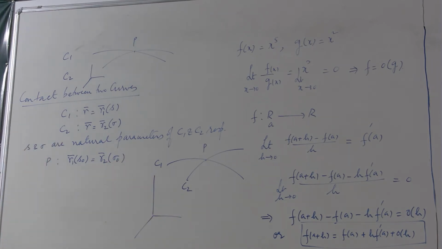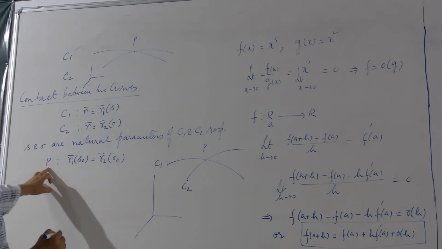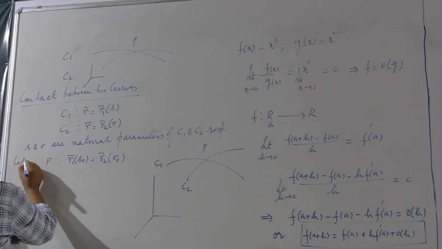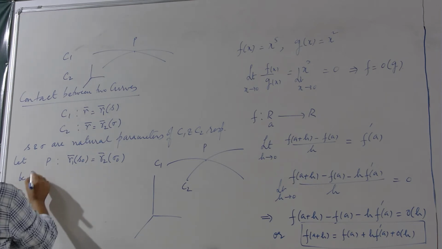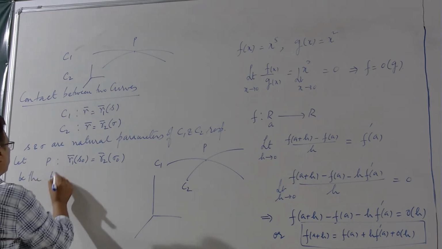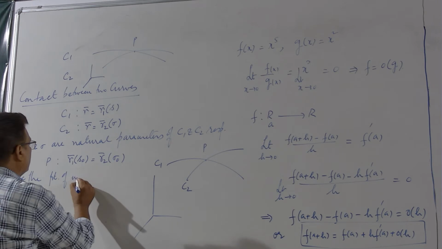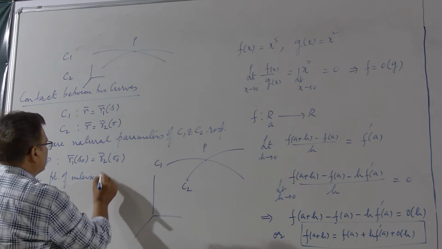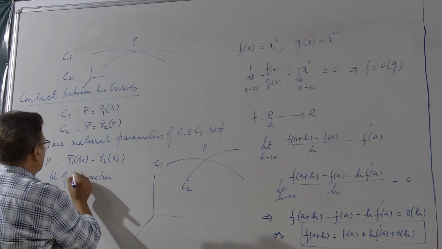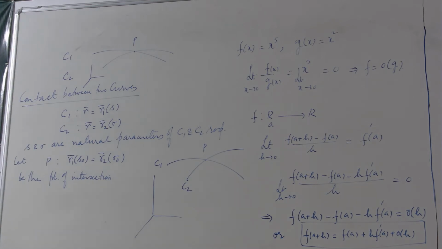Okay. Now, I will choose. So, this is the point of intersection. Let P be the point of intersection of C1 and C2, of course.